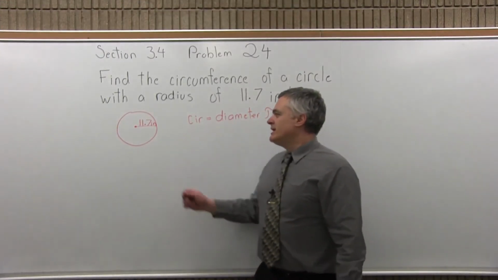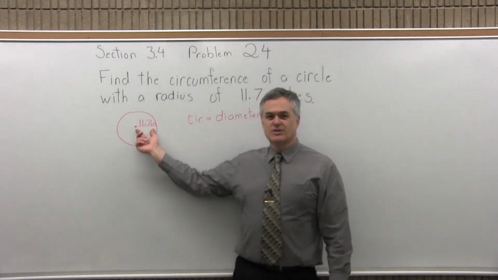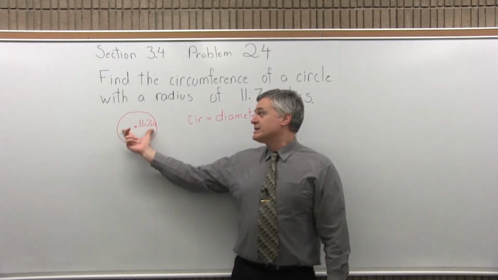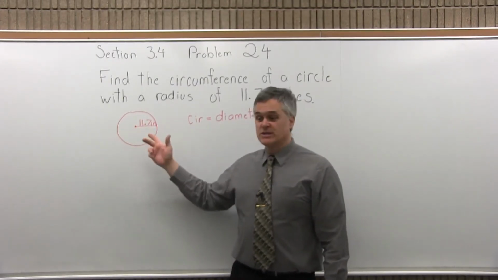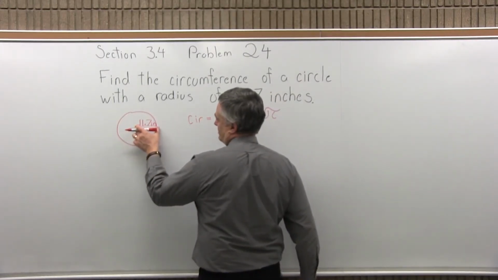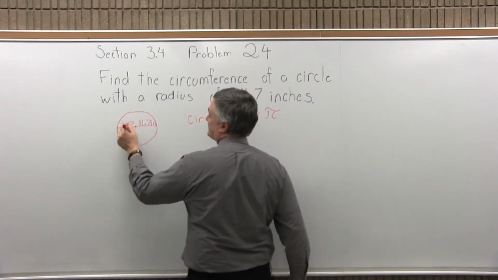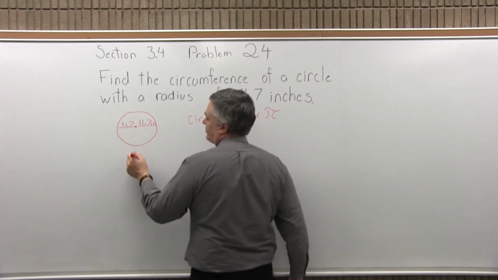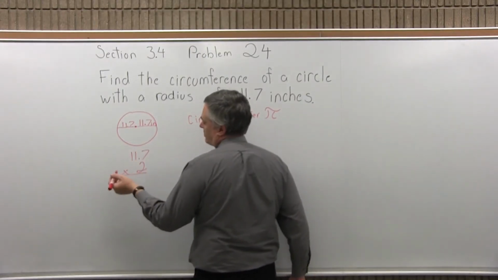So if it's 11.7 inches to go from the center of the circle to the edge, what's the distance all the way across? Well, it would be 2 times 11.7, because the radius is the center to the edge, and the center to the other edge would be another 11.7. So we can do 11.7 times 2, or 11.7 plus 11.7.